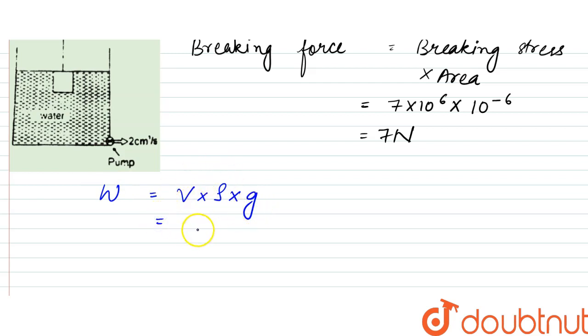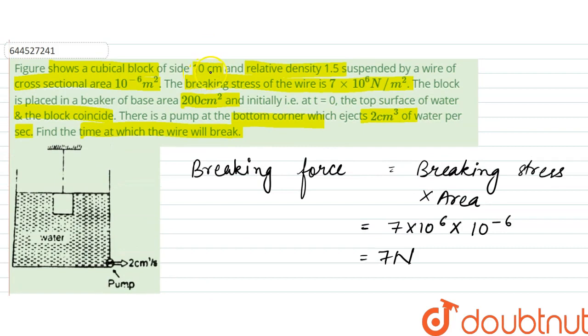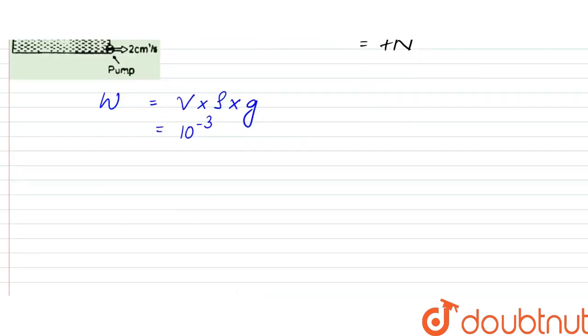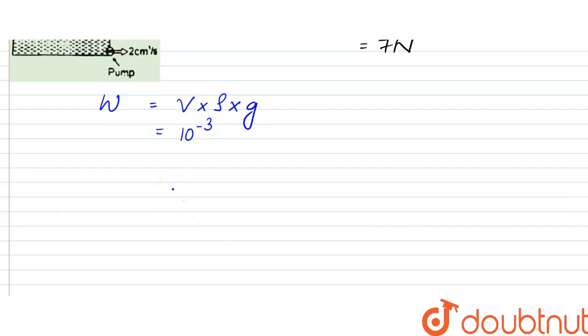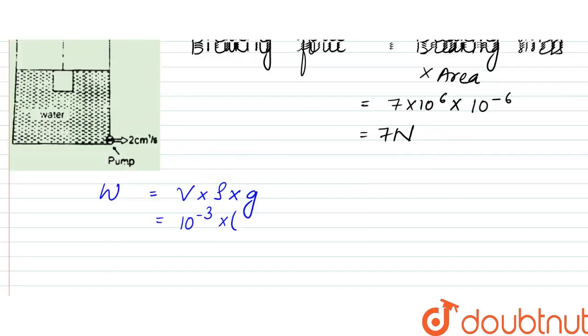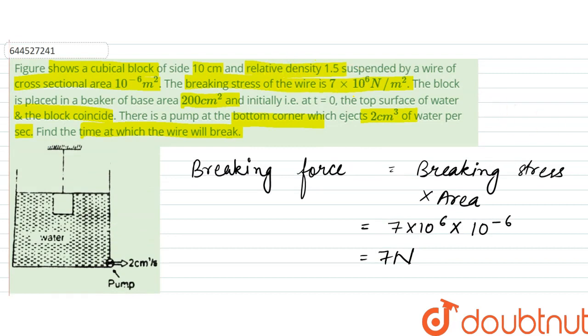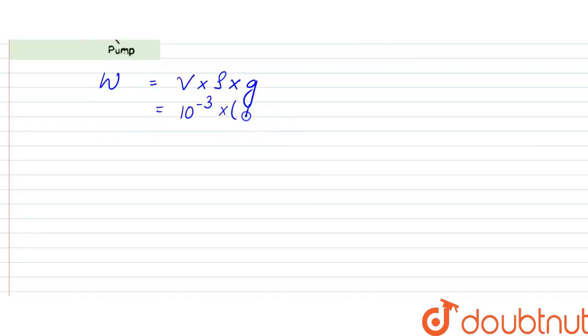The volume of the block would be 10 to the power minus 3 meter cube, because 0.1 meter is the side length. Into density: relative density is given, that is 1.5, relative to water, so it would be 1.5 into 10 to the power 3, into g as 10. So this and this cancel, and it would be 15 Newton.